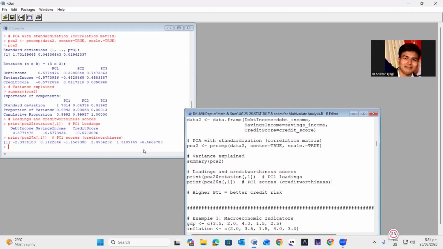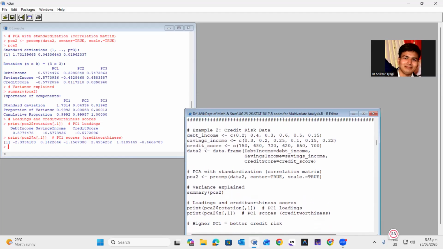For instance, observation 1 has debt to income 0.2, savings to income 0.3, and credit score 750. It has the lowest score, the most negative, and the best credit.